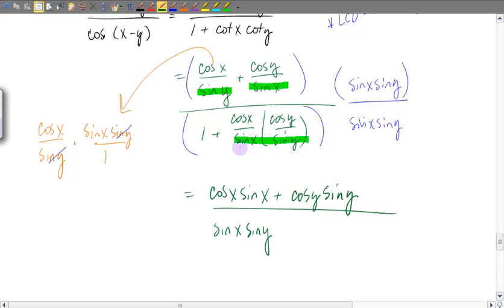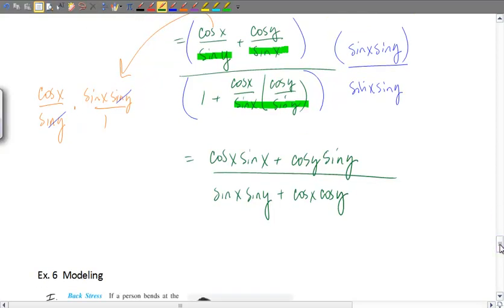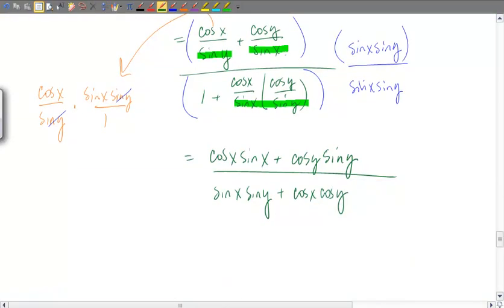Sine x and sine y in the denominator here that I have highlighted in green will cancel with these sine x sine y's, and all that leaves me is cosine x cosine y.